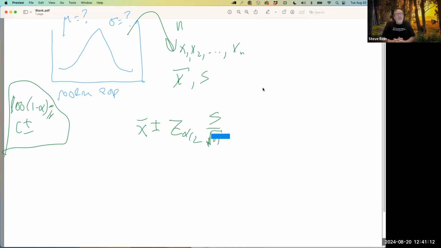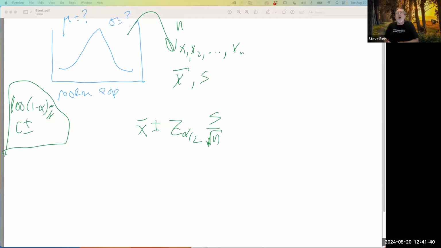But if my sample size N was not big, I'm in this awkward spot where I'm saying, let's go ahead and use S, a sample standard deviation, which might very imprecisely tell me what I should use for sigma.